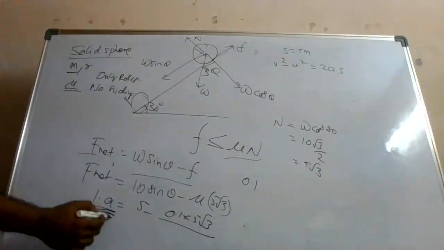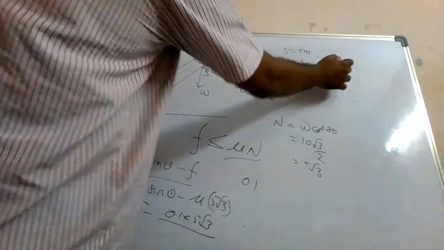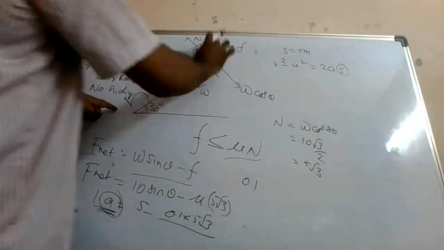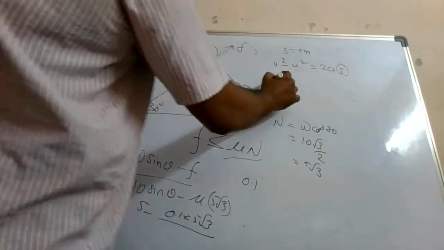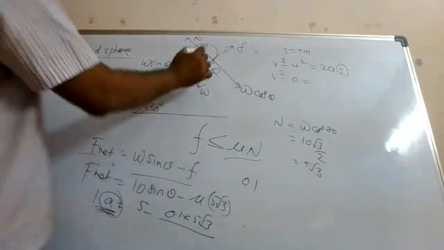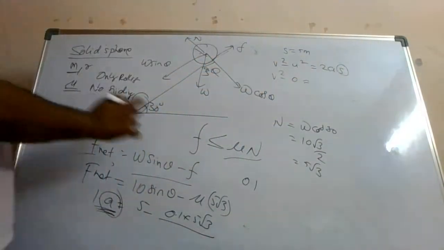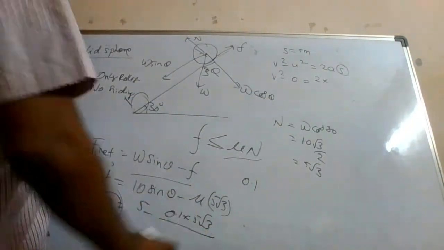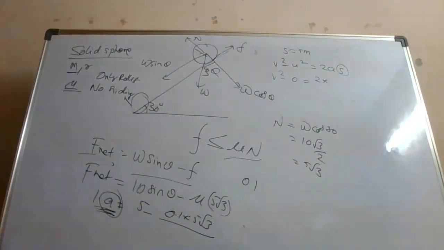In the place of a, you have to put this value. In the place of s, you need to put how much? This slant distance. So our answer will become v square minus 0. Here the speed is 0. Here the speed will be v. 2 times acceleration. This is 5 into 0.5 into root 3.